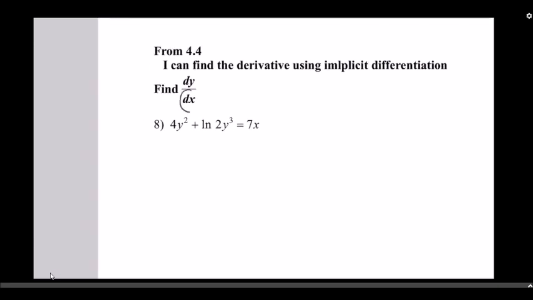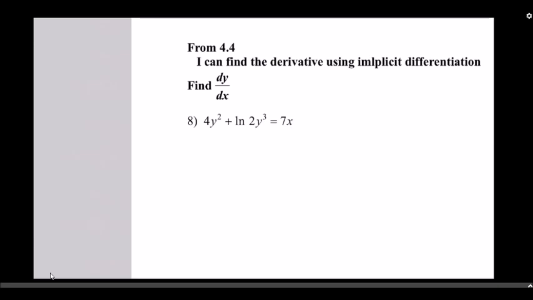The reason this needs to be done implicitly is we're finding the derivative with respect to x, but our equation here has some y terms, so we need to use implicit differentiation, which is really just the chain rule. We have an outside function here, something being squared, and then y is an inside function, so we have to use a chain rule for that.